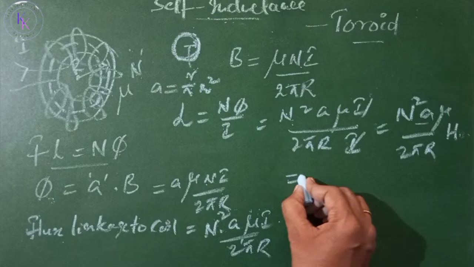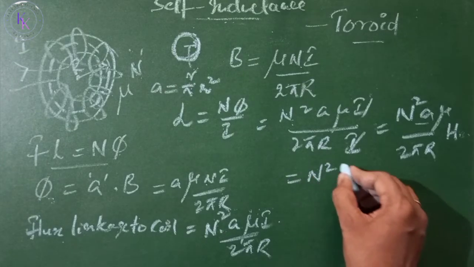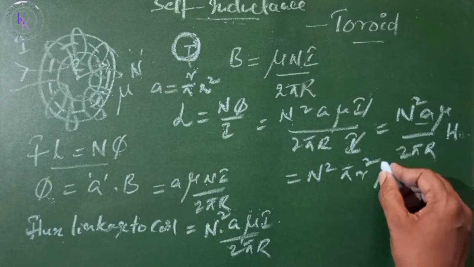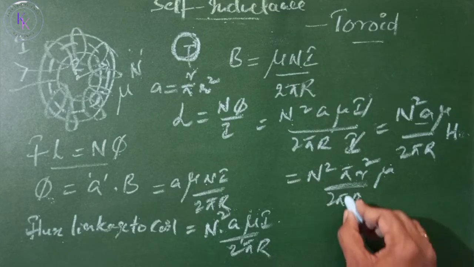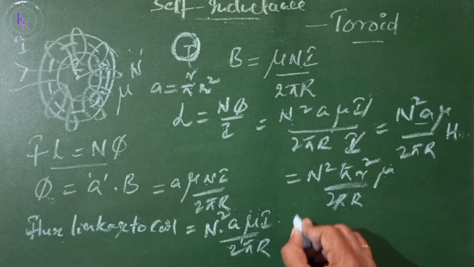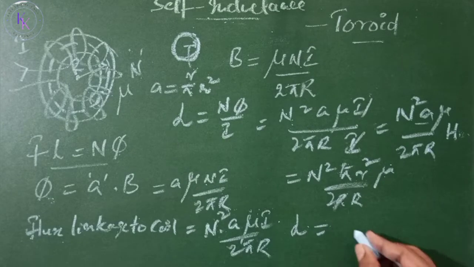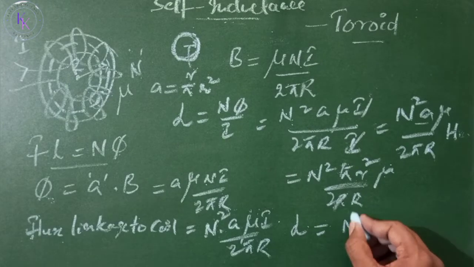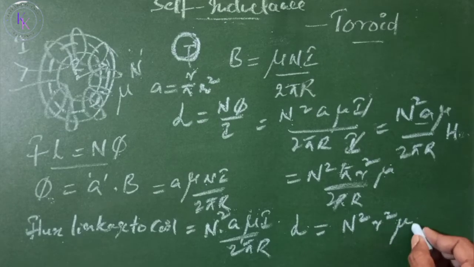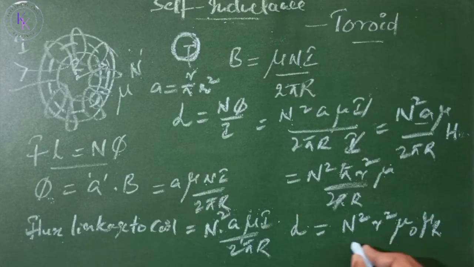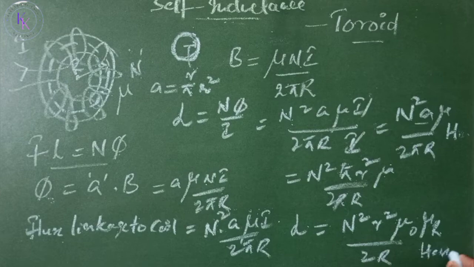Now substitute that: N square pi r square mu divided by 2 pi capital R. Pi gets cancelled. Self-inductance of the toroid is given by L equals N square r square mu divided by 2R, where r is the radius of the toroid, in henry.